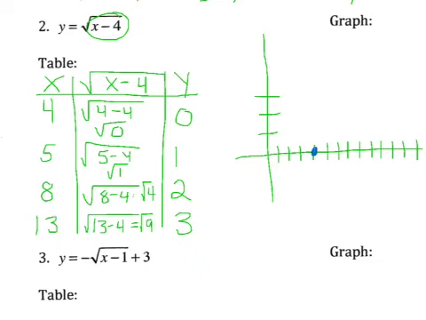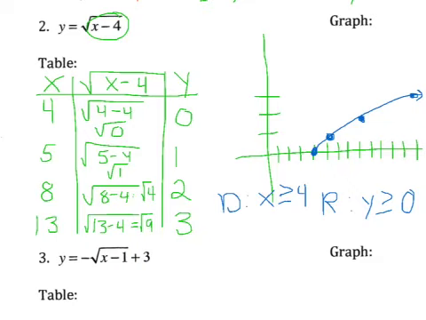My next point is at 5, 1, 8, 2, and finally 13, 3. Can you come up with the domain and range for this graph? If you came up with x is greater than or equal to 4 for the domain, you're correct. And y is greater than or equal to 0 for the range is also correct.